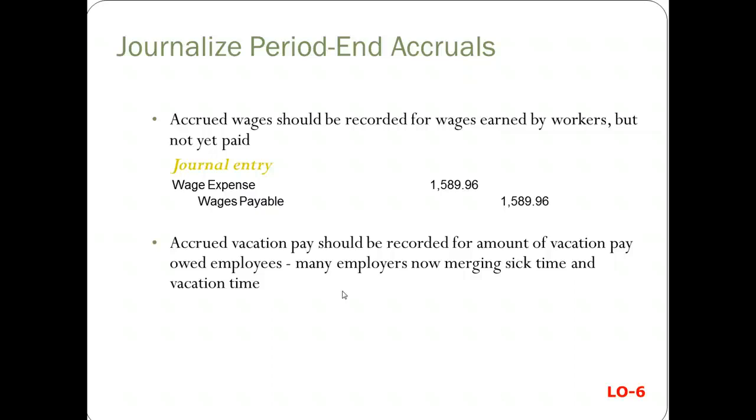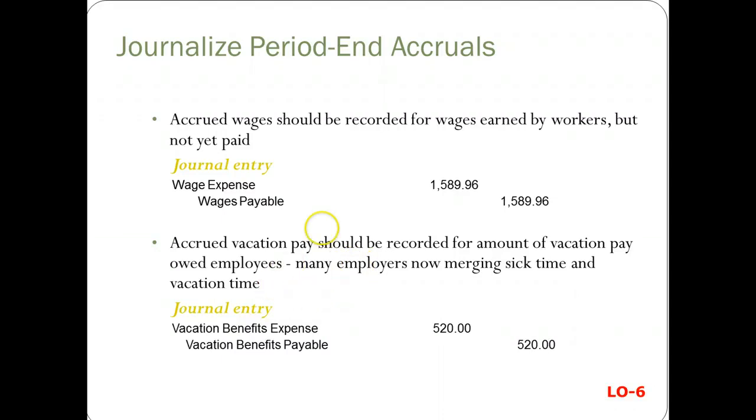So a lot of employers just come up with a policy that says you get X amount of time, whether you're sick or vacation, we don't care. So for the journal entry, you would calculate the amount of vacation pay earned by the employees, and then credit vacation benefits expense and vacation benefits payable.